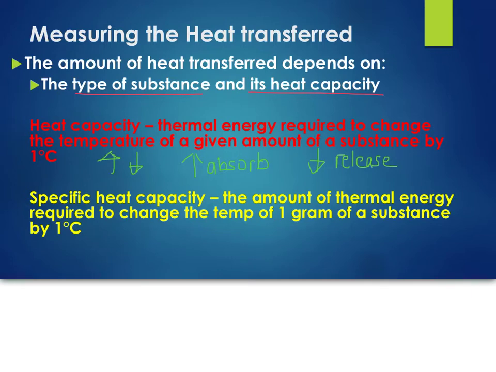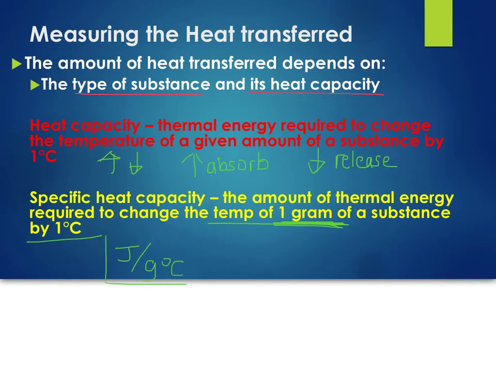Now, specific heat is the thermal energy required to change the temperature of 1 gram of a substance by 1 degree Celsius. And it's measured in joules. So the thermal energy required to change per gram per degree Celsius.